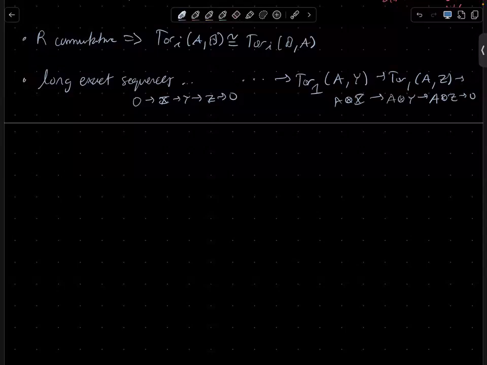And then there's a similar one in the other component, also continuing the exact sequence to the left, much like how Ext continued the exact sequence to the right. Yeah, okay. I said earlier also that Ext commutes with localization in a funny way. Tor also does too.